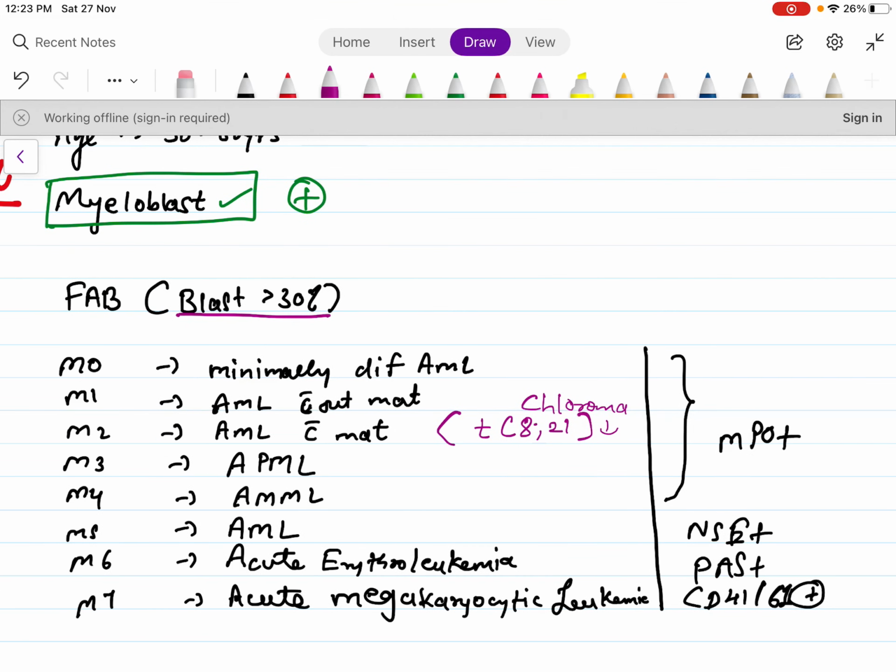Then M3. M3 is acute promyelocytic leukemia. In this the translocation is 15;17, and Auer rods can be seen in these patients. When these Auer rods accumulate in the cell, it is also known as faggot cells.